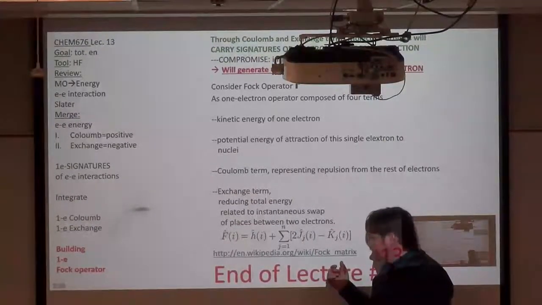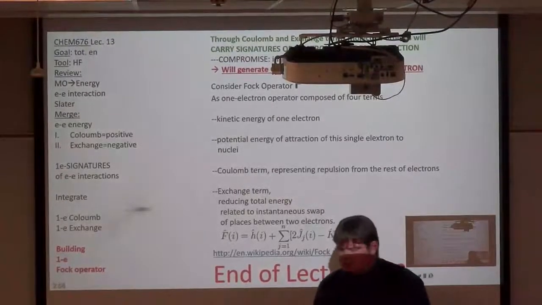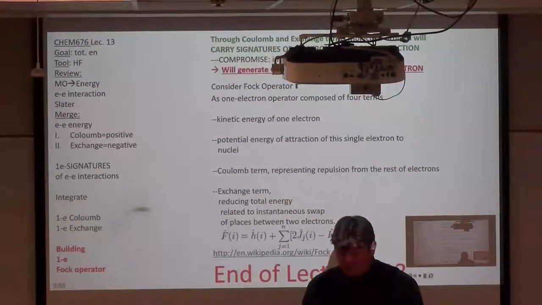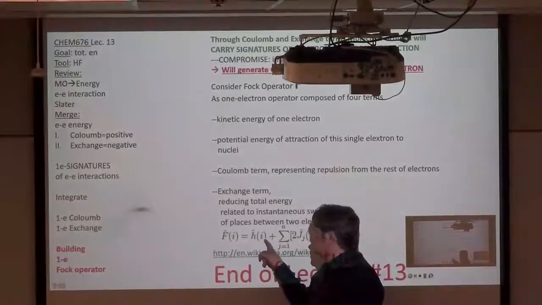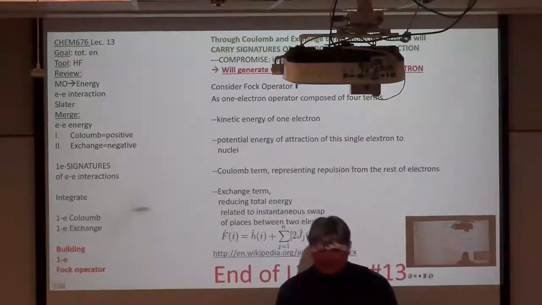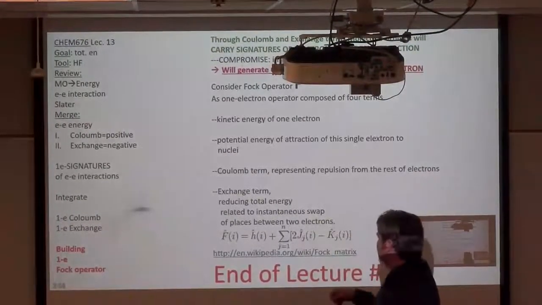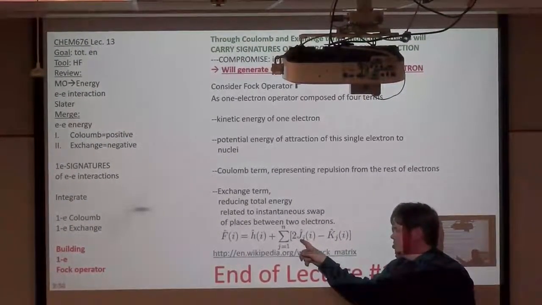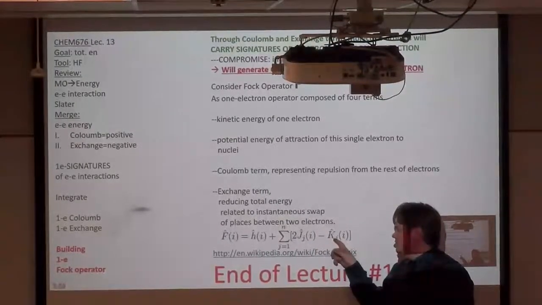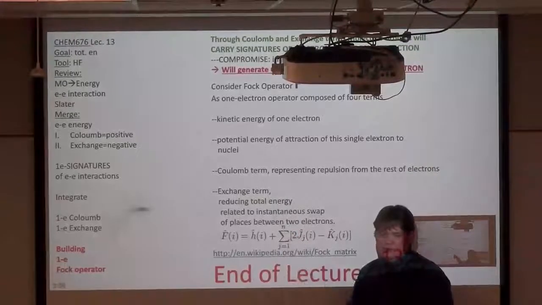So, if we do want to formulate one-electron equations for molecular orbitals that will carry the interaction with the rest of the electrons, one would put a Hamiltonian H, which will include kinetic energy and interaction with nuclei, and Coulomb and exchange terms, with Coulomb positive, repulsive, and exchange negative, attractive, that will make a summation over all electrons.